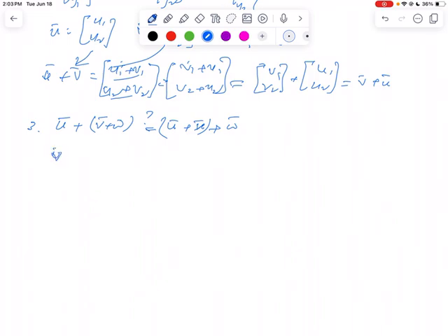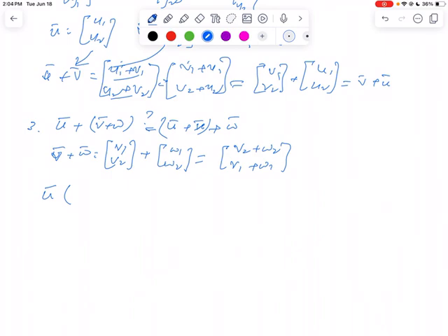So what will be v plus w according to this? We are adding v1, v2 to w1, w2. It's not the usual addition. Remember, the usual addition will give us v1 plus w1 in the first place, but in this addition we are going to get v2 plus w2 here and v1 plus w1 over here. Now we add u to this.